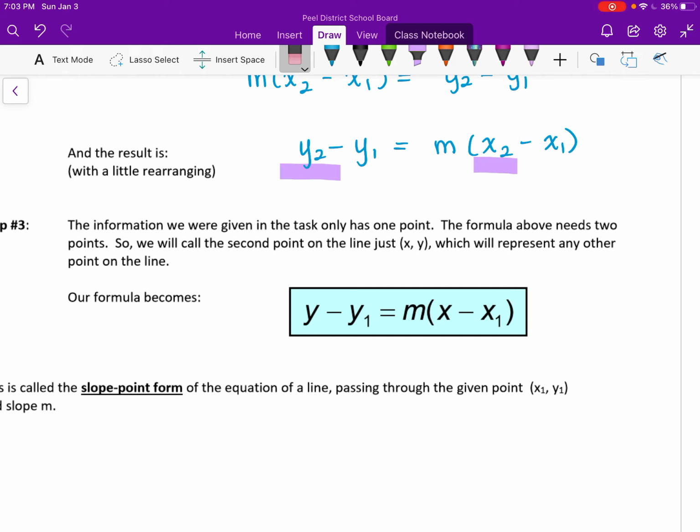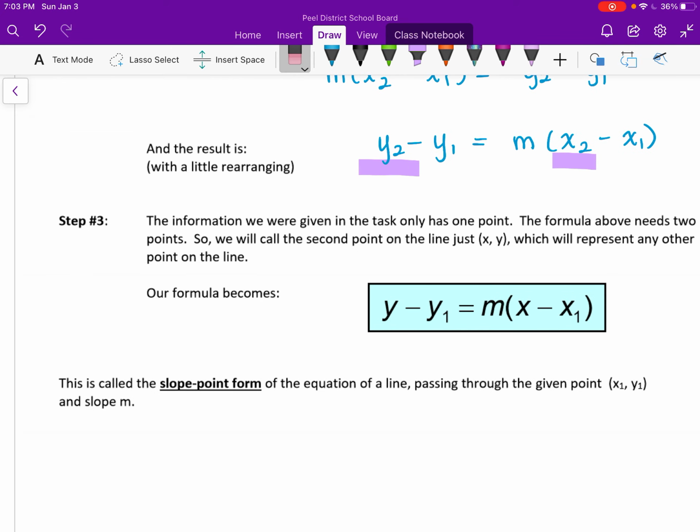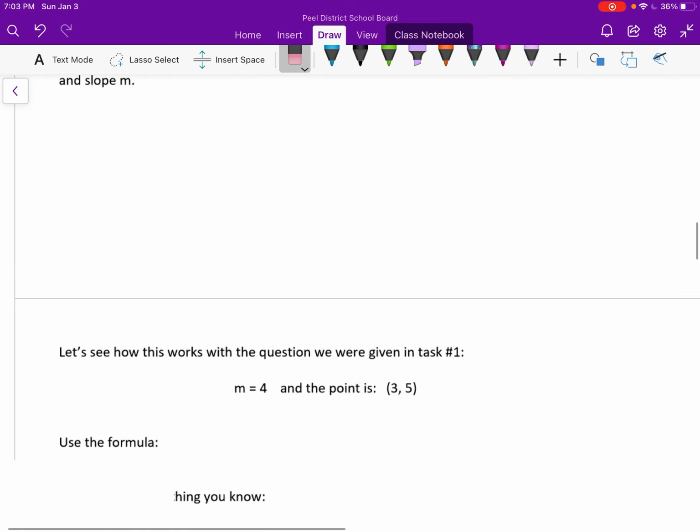This is called the slope point formula. Just like we have the y-intercept formula, this is the slope point formula, and it gives the equation of the line passing through a given point (x1, y1) with slope m.